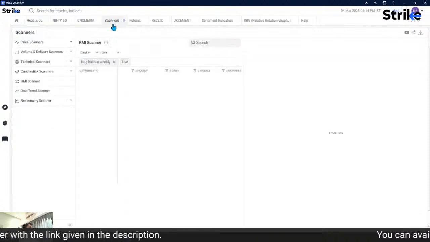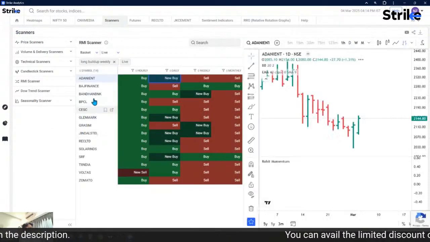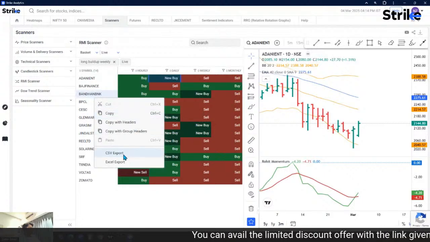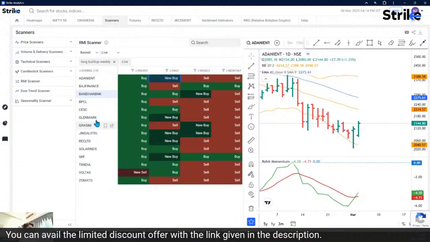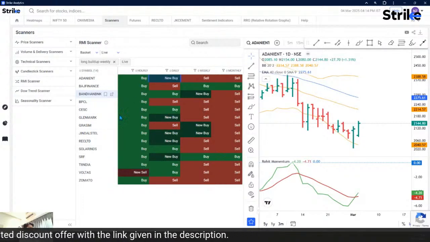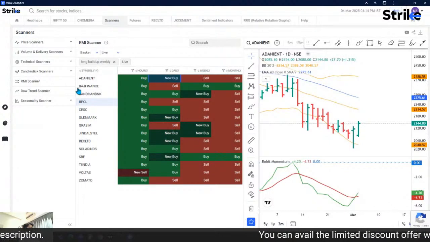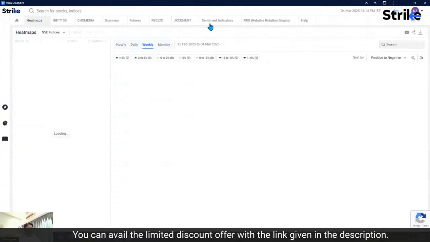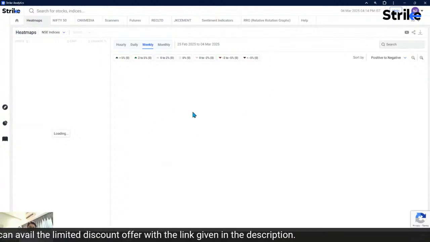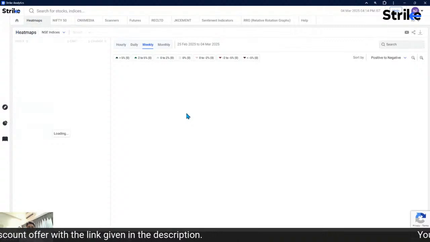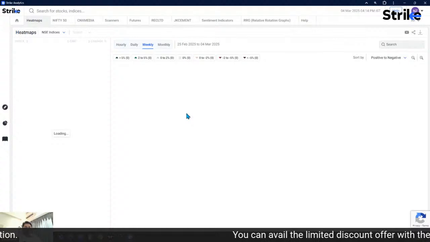Let's say in scanners, you can simply right click somewhere on this table, and there is a CSV export and Excel export option. Similarly, even in heat maps or any other section, the option is given for your download. But I'm sure download will not help you much, because you can create your watch list directly in the software itself, right?